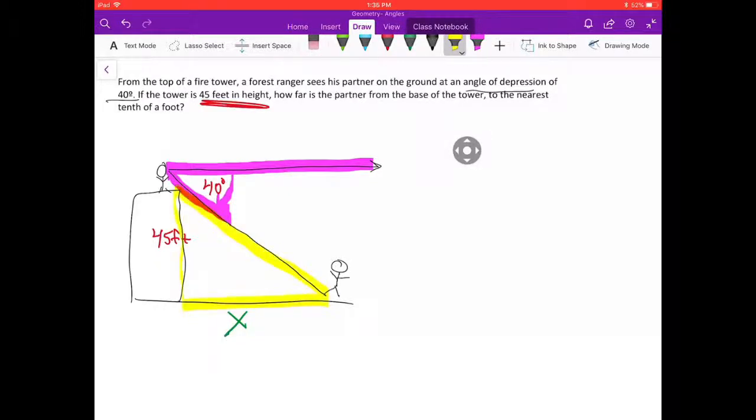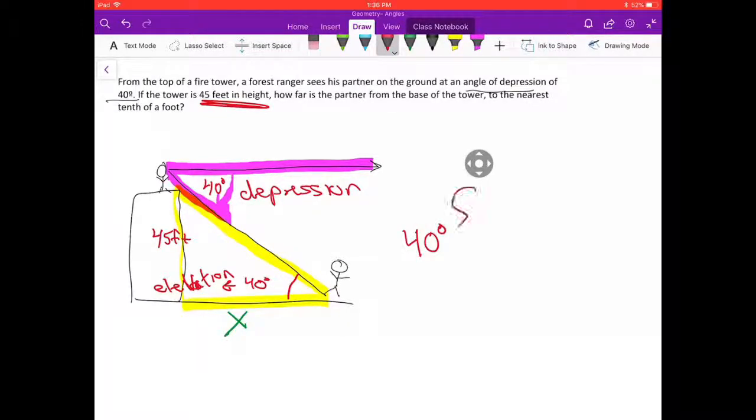Well, something that we've learned in the beginning of the year is this purple line is going to be parallel to this yellow line. So this angle down here is also going to be 40 degrees because they're alternate interior angles. So this may be our angle of depression. This is our angle of elevation, but they're exactly the same thing. They're just put in two different spots. So they're both going to be 40 degrees. And we're going to solve this problem the same exact way.